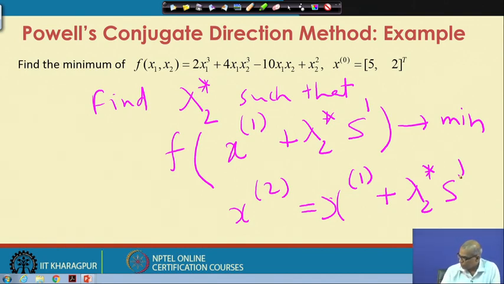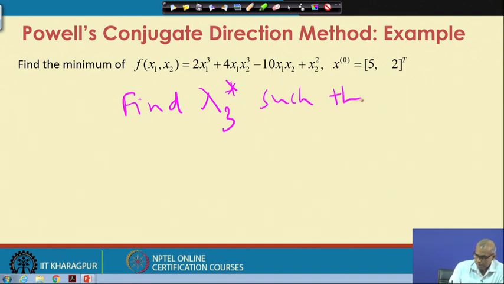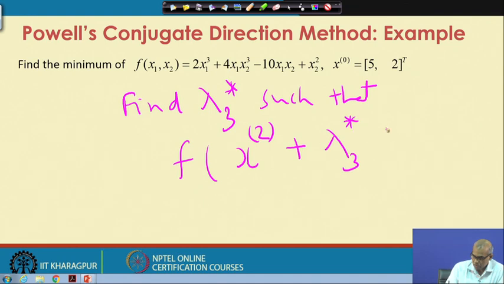Once x 2 is obtained, I will perform another unidirectional search along S 2. Again I ask the same question: find lambda 3 star such that f of x 2 plus lambda 3 star S 2 is minimum.